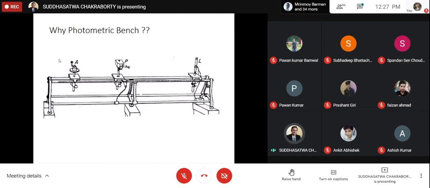Why a photometric bench? What is a photometric bench? You might have seen this kind of bench in your class 12 level physics laboratory if you have performed experiments with optics. It is nothing but a rail which is already pre-scaled.